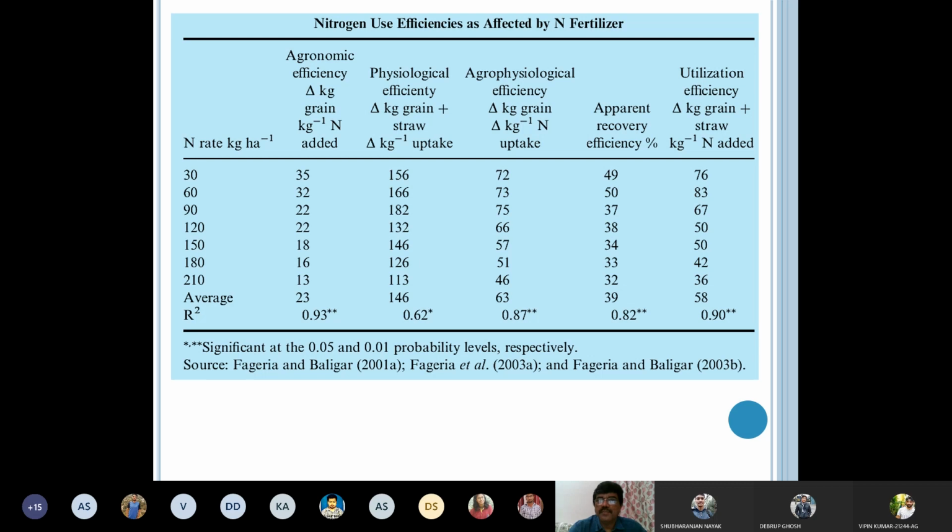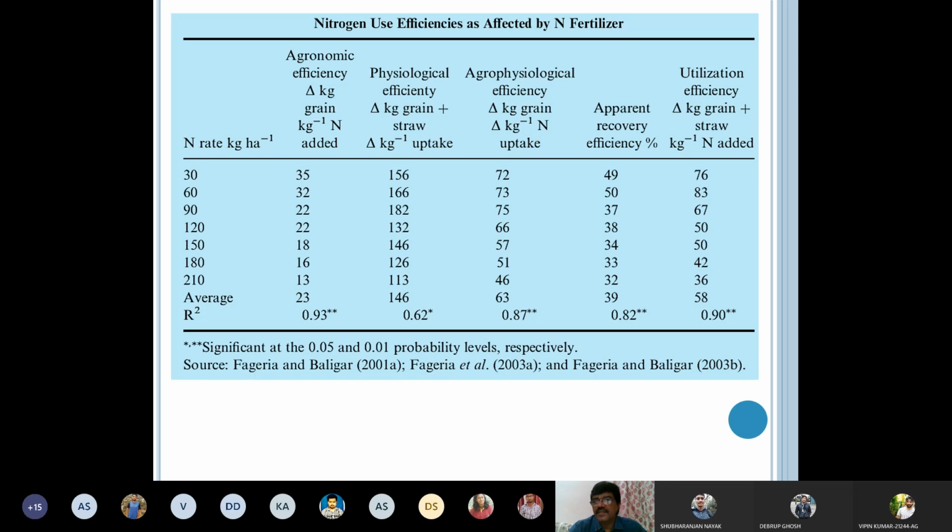Here two things are combined, agronomic efficiency and physiological efficiency, so they call it agrophysiological efficiency. So it is also showing similar, it is increasing up to 90, but then it starts falling. Apparent recovery of nitrogen is 49 or 50, almost the same, and then it starts decreasing.